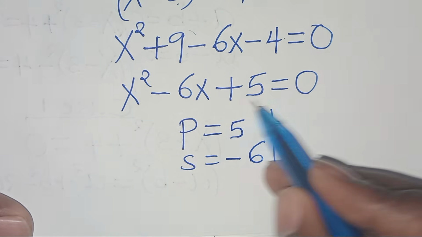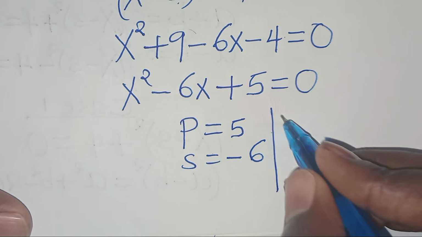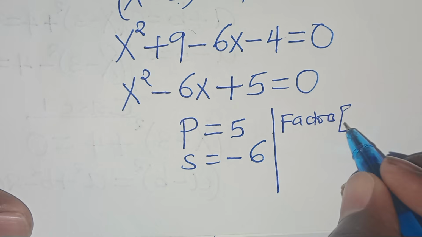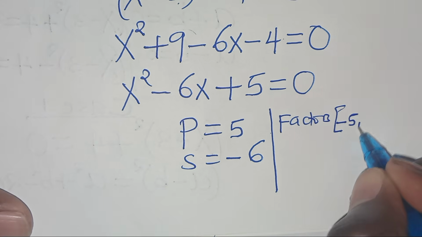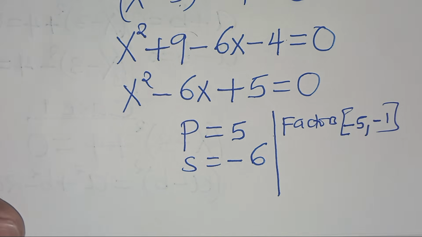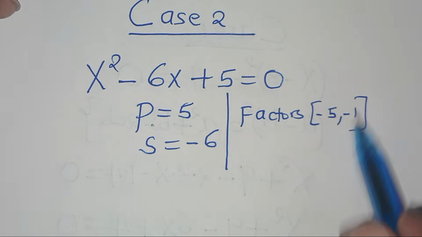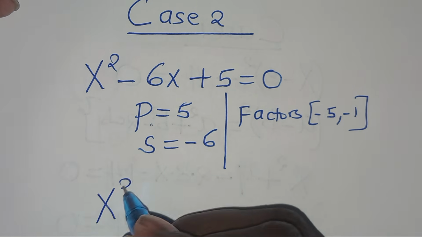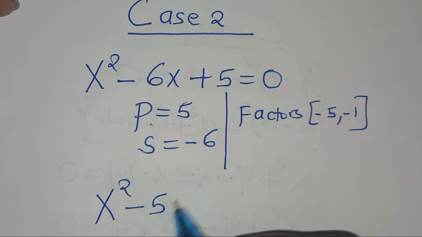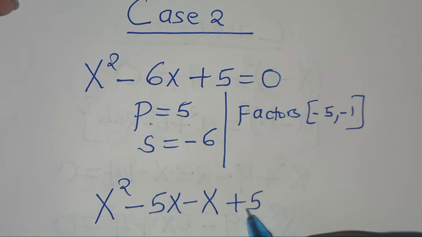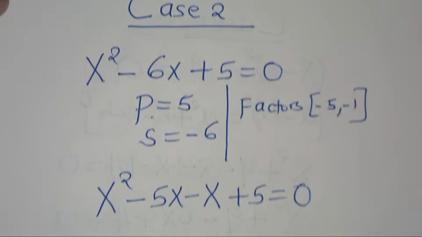If we multiply these two factors, we have a value of 5. So these two factors are negative 5 and negative 1. Now substituting these two factors, then we have x to the power of 2 minus 5x minus x plus 5. This is equal to 0.